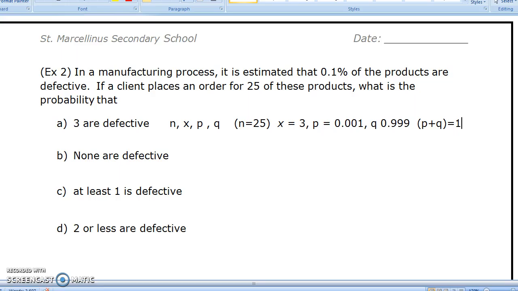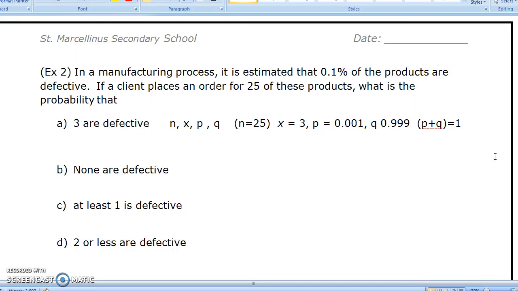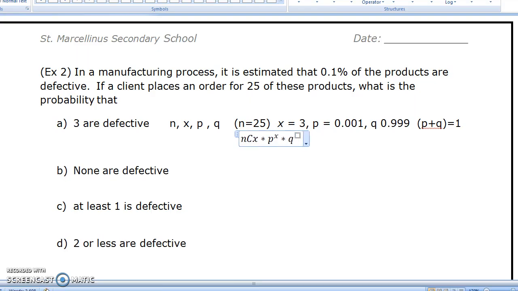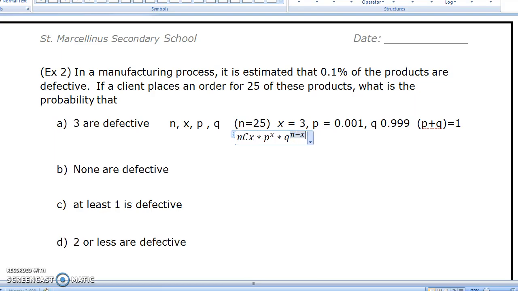Now, to solve this one, we're going to use our same old formula as before: nCx times p to the x times q to the n minus x. Now all we're doing is filling in the dots. 25 choose 3.